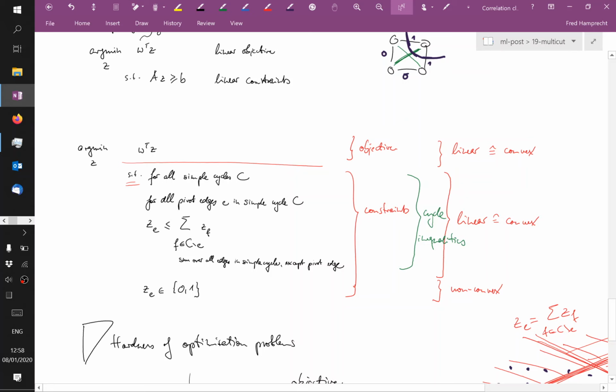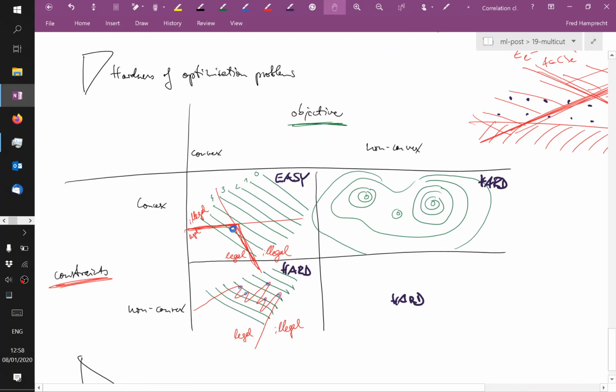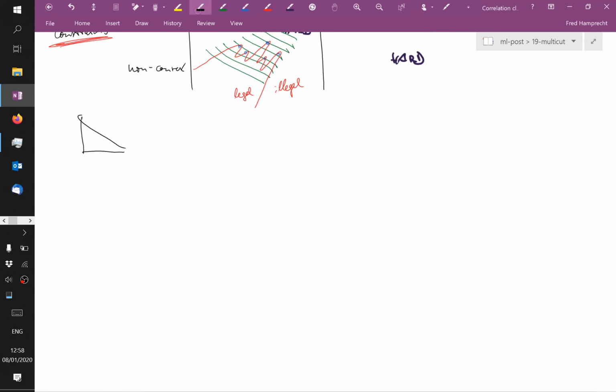You read from your graph, you need to find all the simple cycles, etc. And then you give it to the program and you get out edge cut indicators that give you your globally optimal clustering.